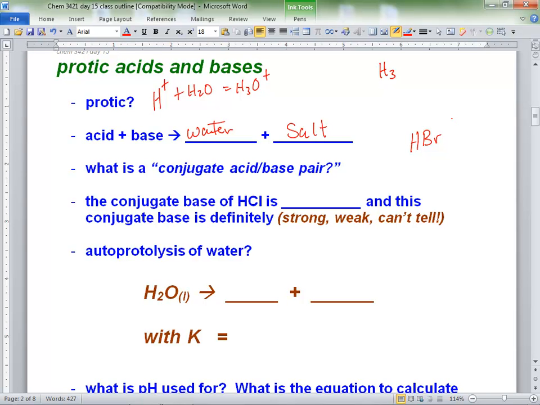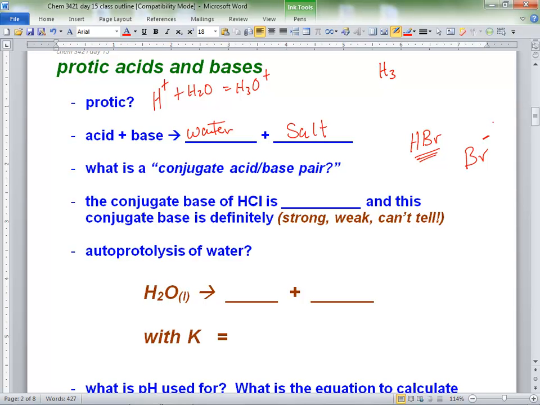HBr. It's the acid, so it's got to be the conjugate acid. What would be its conjugate base, Albert? Well, that's Br, but technically that's not right. It has to be Br with a minus sign. Bromide. It has to be bromide. Okay, that'd be the conjugate base.